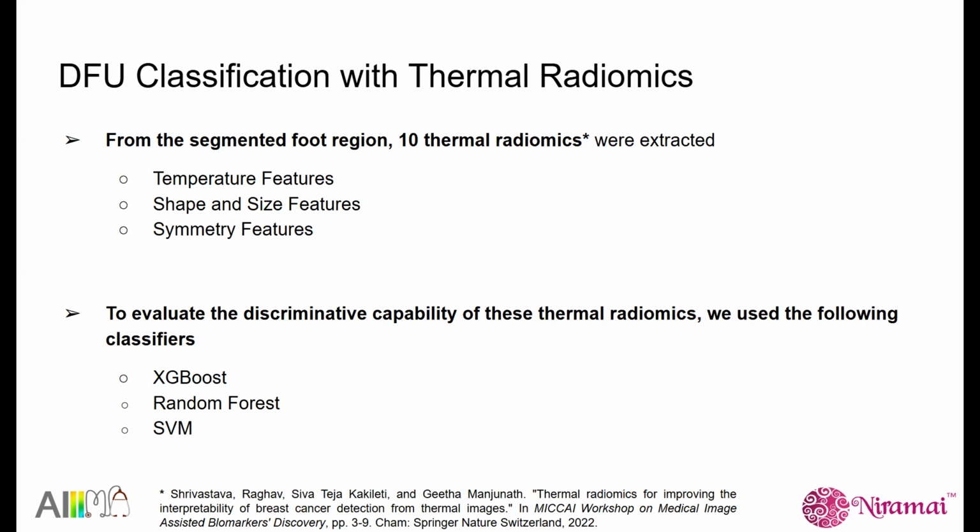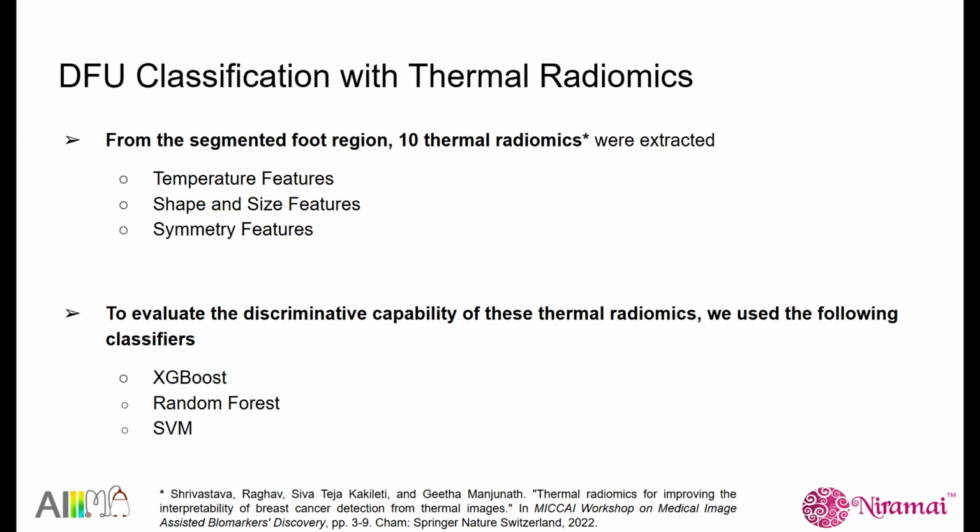Also, once we identify this abnormal region, we try to characterize the region with the shape and size characteristics of the abnormal region. And the last feature is the symmetry feature, wherein we compare the thermal variations with the contralateral foot and try to get the symmetrical features. So a combination of all these features is used in order to classify whether the patient has diabetic foot ulcer complications or not.